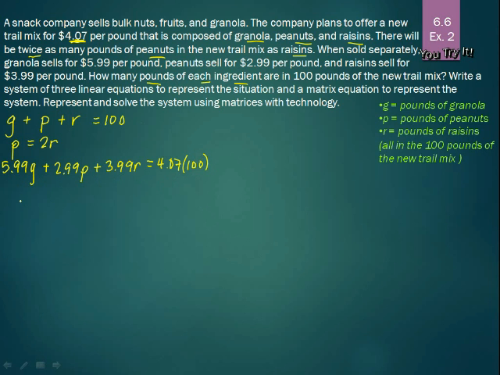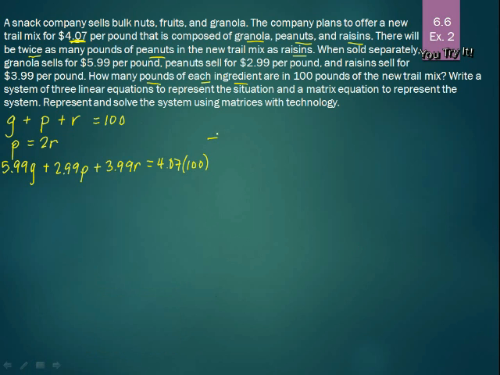And so let's go ahead and rewrite these all in standard form. Two of them already have the G, P, and R in order, so they're already in standard form. We can leave those be, and they have the constant on the other side. The second one we will have to rewrite though. Okay, so I've gone ahead and rewritten, and just note here that we can multiply the two constants on the other side, so 4.07 times 100 just equals 407.